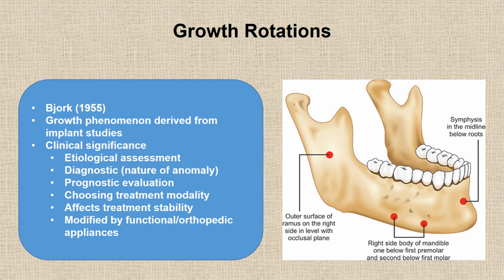It also has diagnostic significance, whereby it helps to elucidate the nature of the anomaly. There's a prognostic evaluation; it helps in choosing the treatment modality. It affects treatment stability, and these growth rotations can be modified to a certain extent by functional or orthopedic appliances.